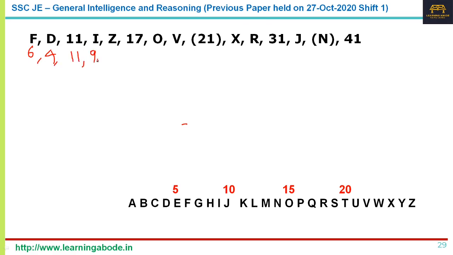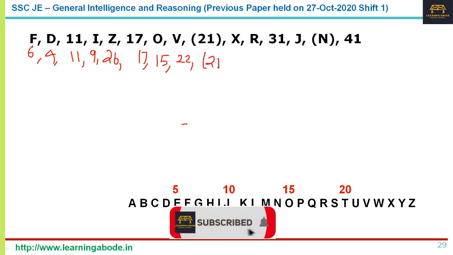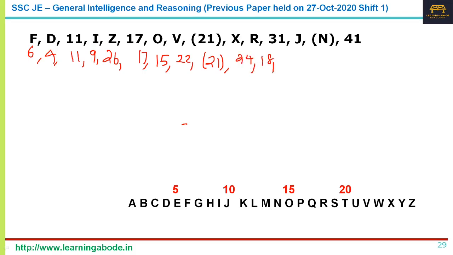I is 9, Z is 26, 17, O is 15, V is 22. So in bracket you have 21, and then you have X is 24, R is 18, 31, J is 10. Okay, N is 14, and then you have 41.